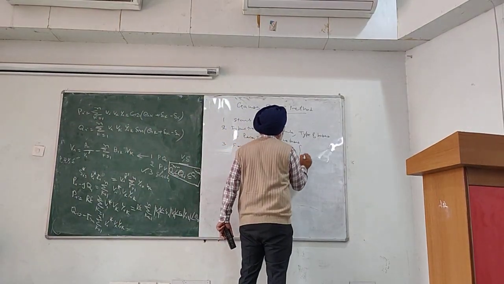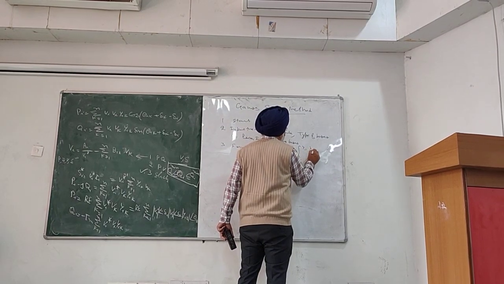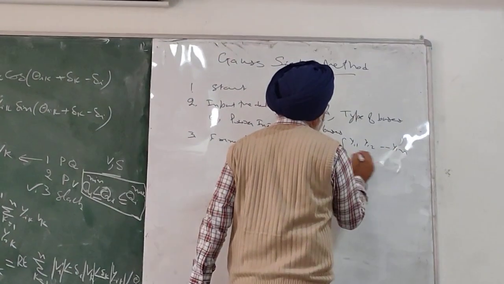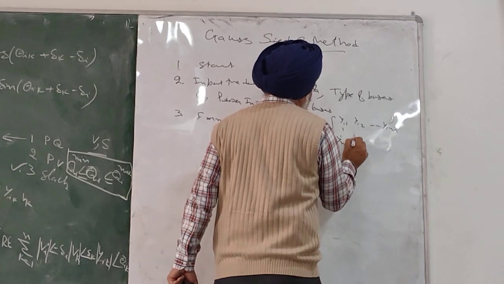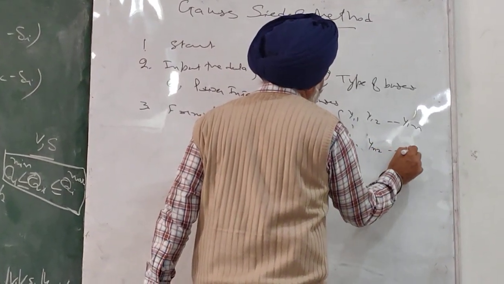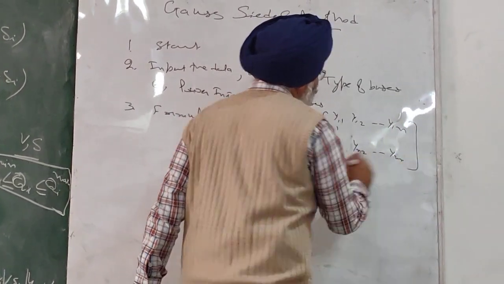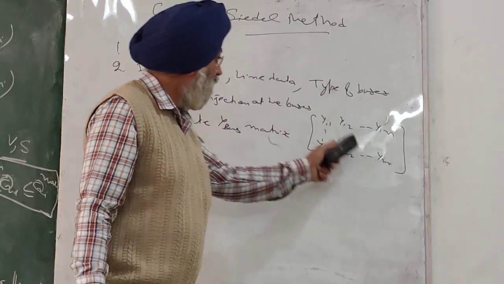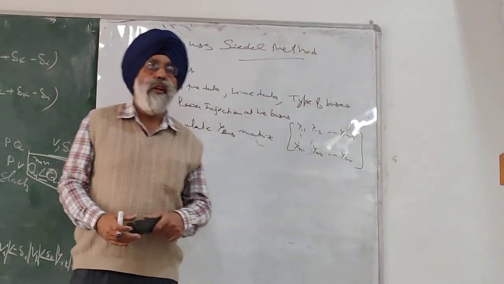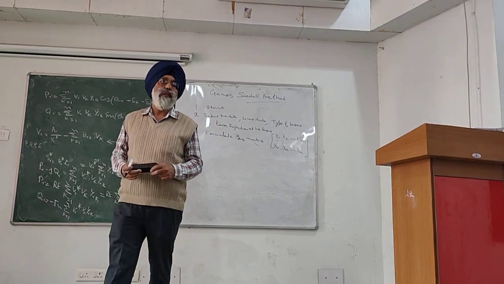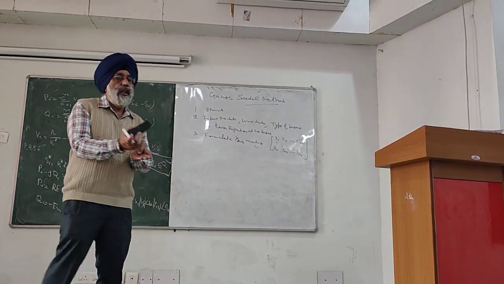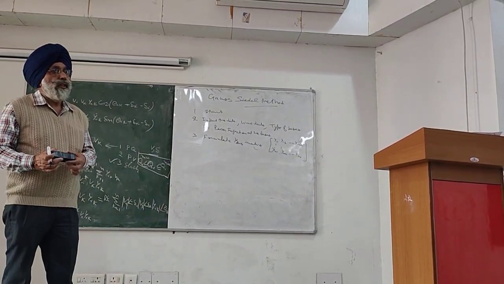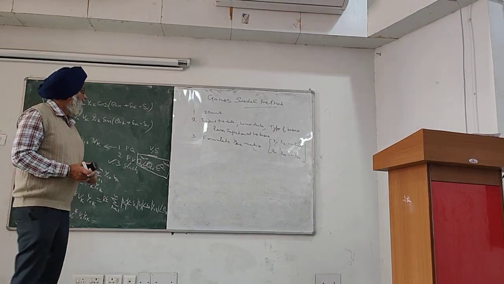We can formulate the Y bus matrix like this: Y11, Y12, Y1n, Yn1, Yn2, Ynn. So we have all the elements. We have the diagonal elements as well as the off diagonal elements. So we have the magnitude of these values as well as the angle of these values.